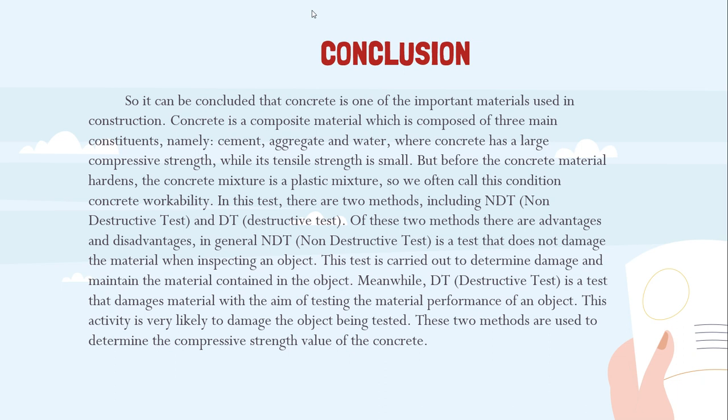Meanwhile, DT or destructive test is a test that damages the material with the aim of testing the material performance of an object. This activity is very likely to damage the object being tested. These two methods are used to determine the compressive strength values of the concrete.